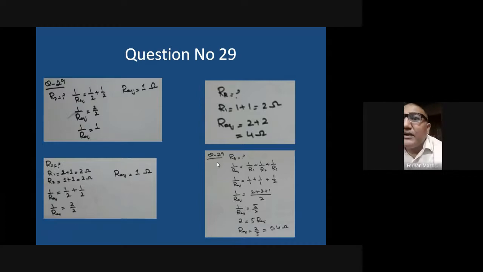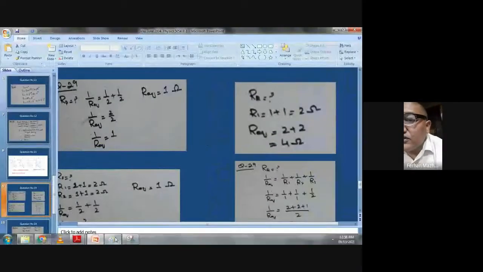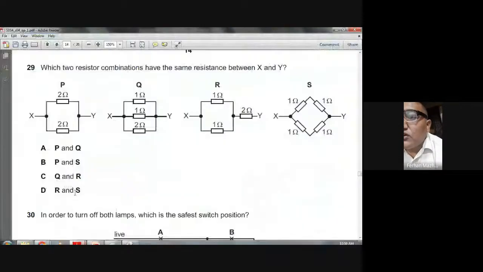In the same way, here we have the R diagram. The first two resistors are in series with each other. Let me show you the diagram. So here we go.